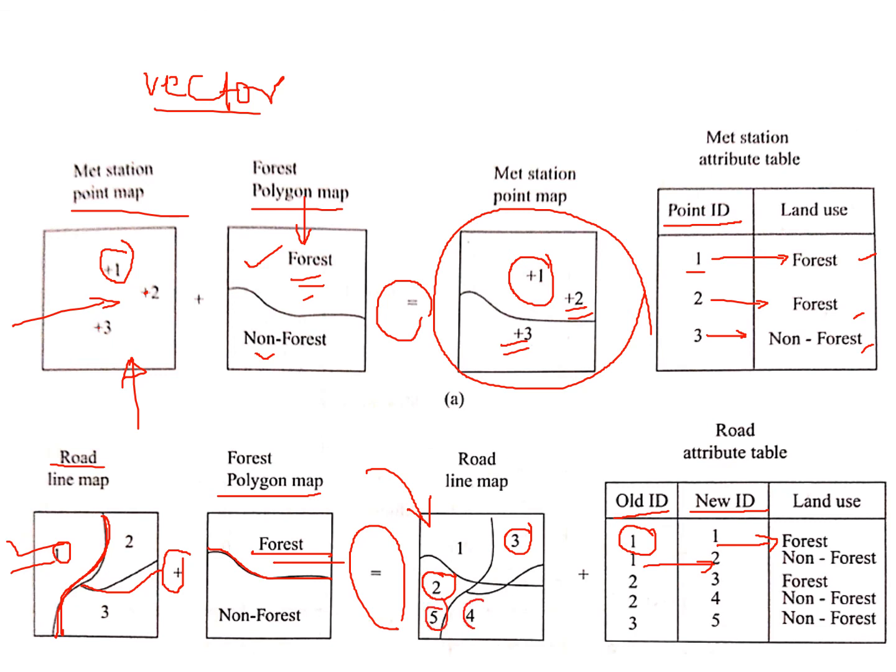So you must have observed the change in the map. So old ID and new ID, therefore it is shown like this. Again, you need to understand more clearly, but right now just understand how it can be done. Nobody is going to ask you how it can be done.